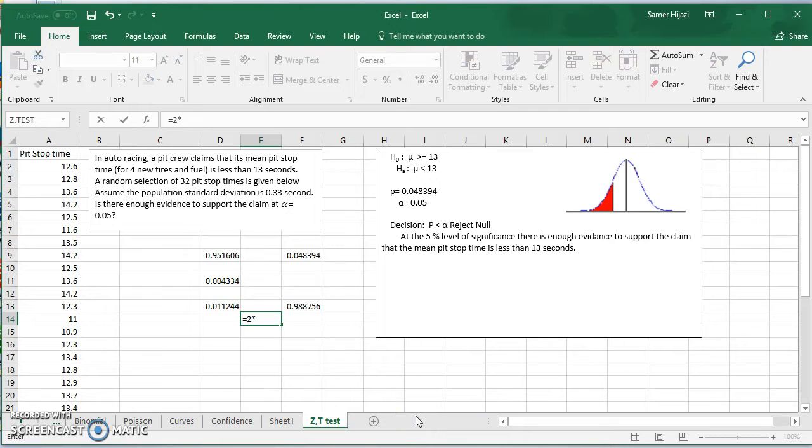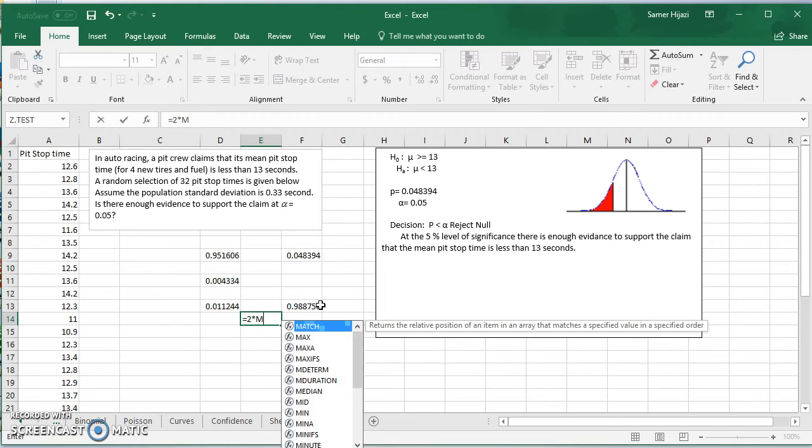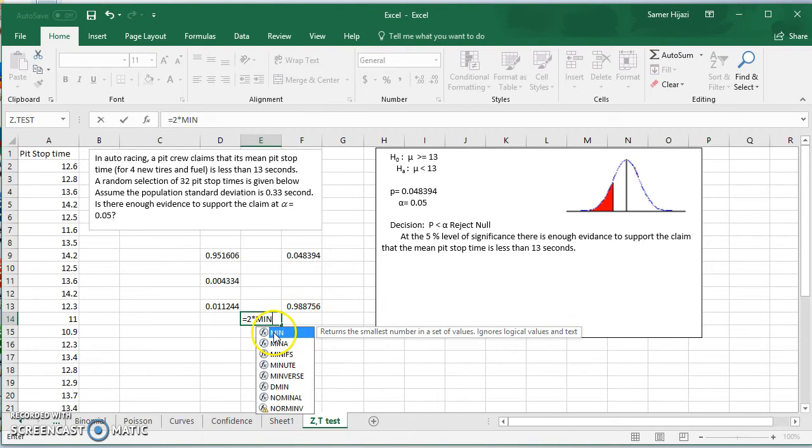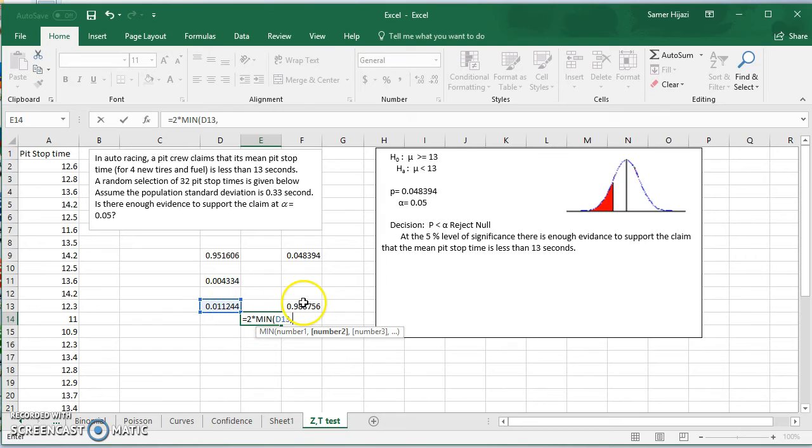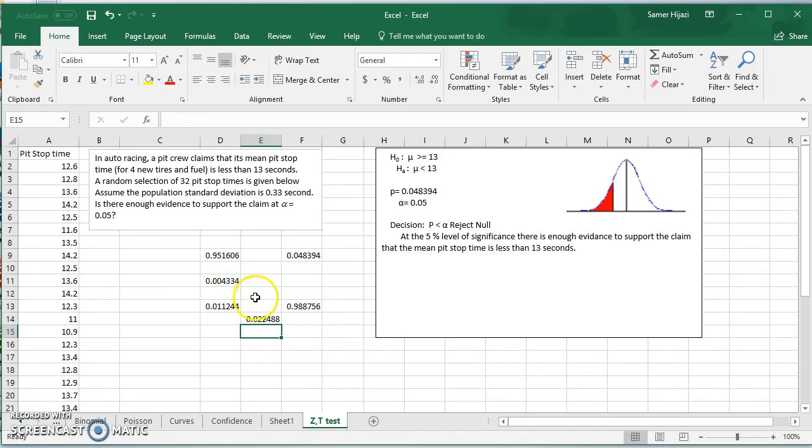Since I don't know which p-value to take, the right or the left, I'm going to take 2 times the minimum of the p-value and 1 minus the p-value. If this was the bigger value on the right, this will be the smaller value.